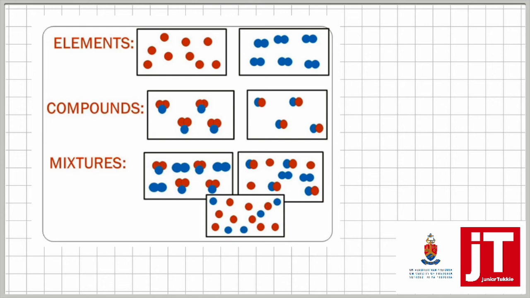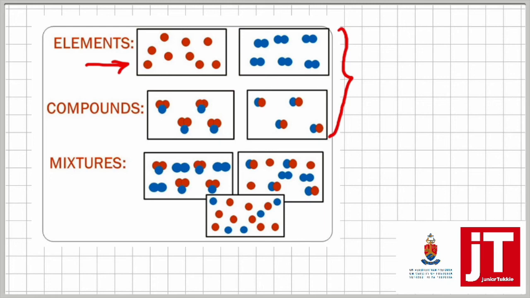Let us finish our video with some examples of elements and compounds and mixtures. Now, the first distinction to make is, are all the particles the same? If we look here next to elements, we see that in the first box, every particle there is a small red circle.